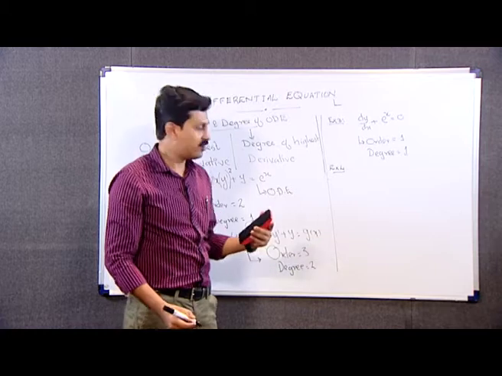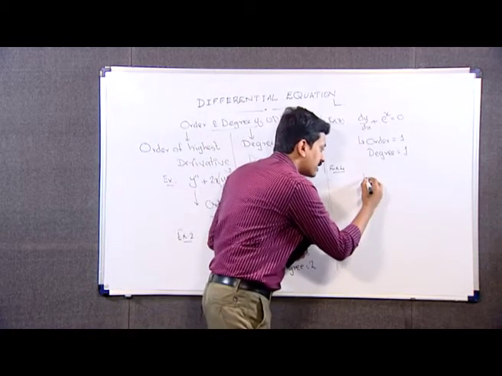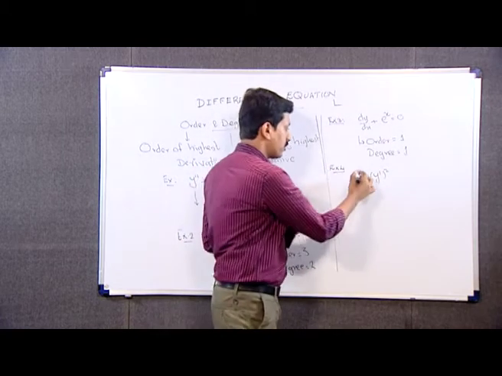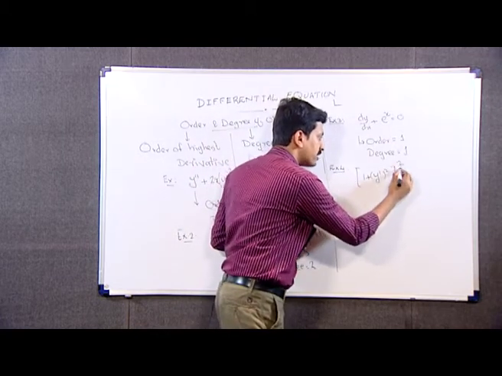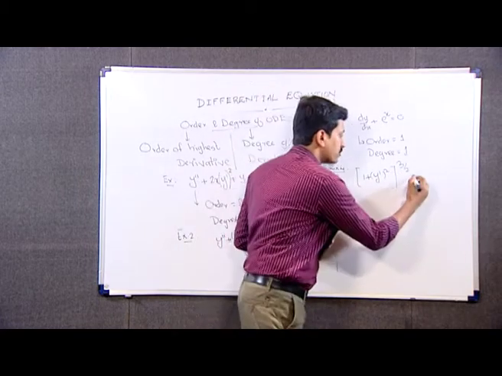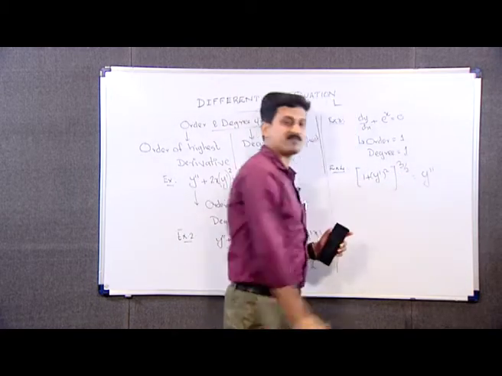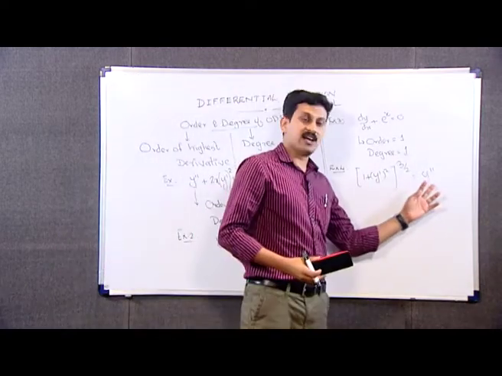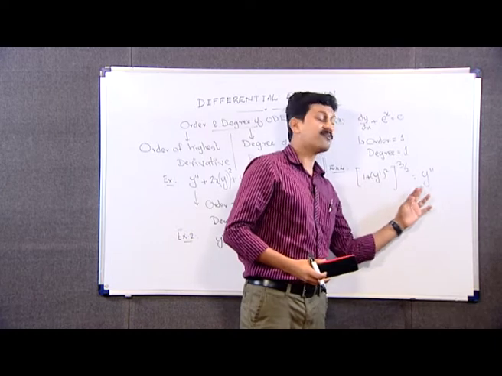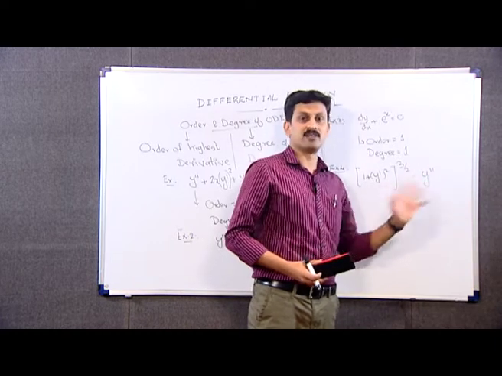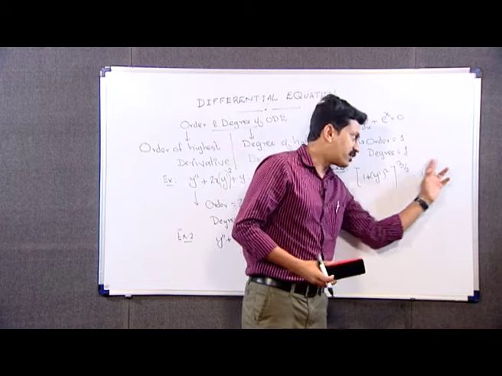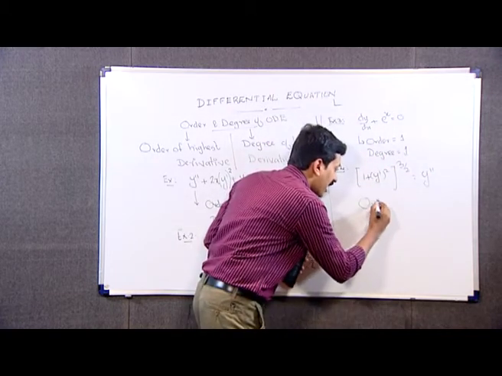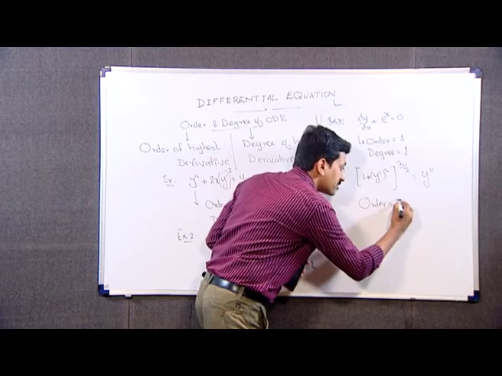In example 4, I write (1 plus y dash square) whole raised to 3 by 2 equal to y double dash. Clearly, with inspection we can understand y double dash is the highest order derivative. That is why the order of the differential equation is equal to 2.